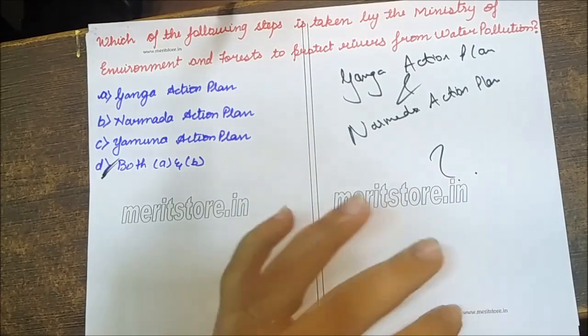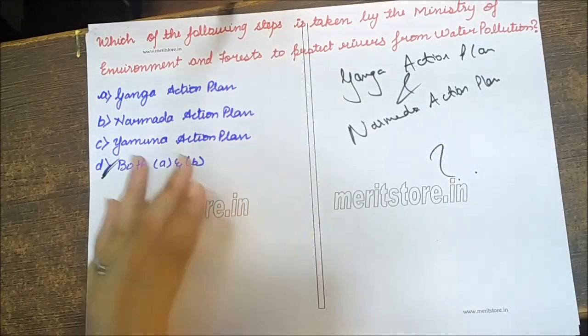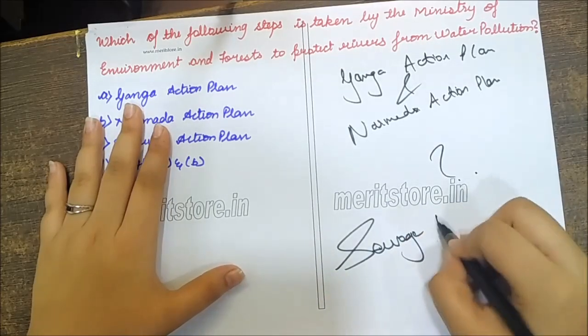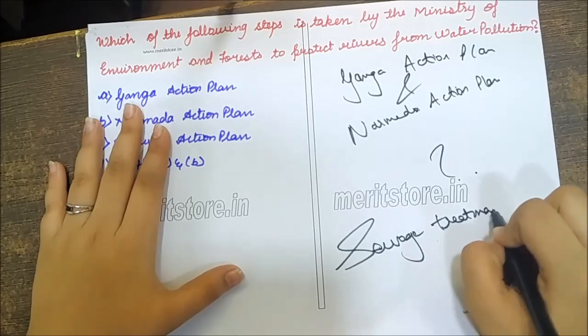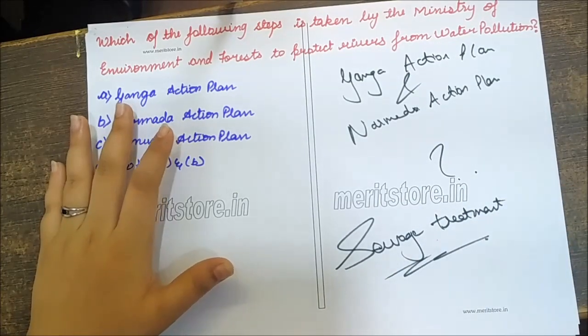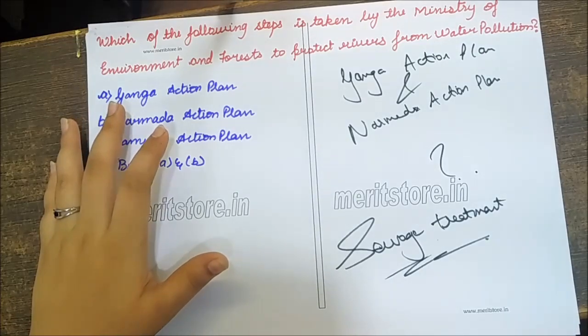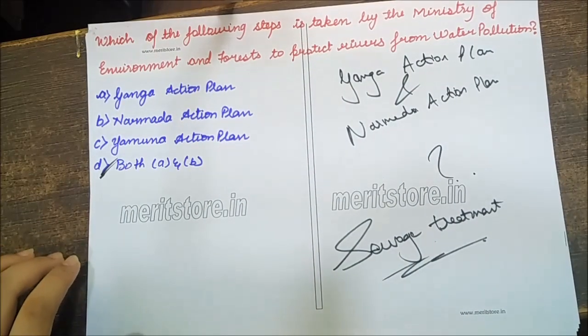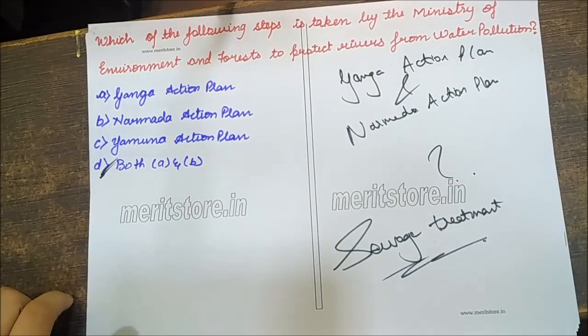Under these plans, it is proposed to build a large number of sewage treatment plants so that only treated water may be discharged in the rivers. So the Ganga and Narmada Action Plan were taken by the Ministry of Environment and Forests to protect rivers from water pollution.